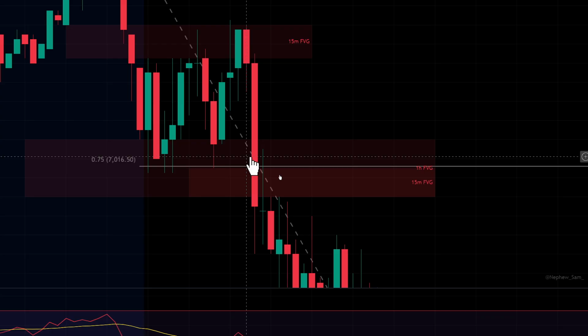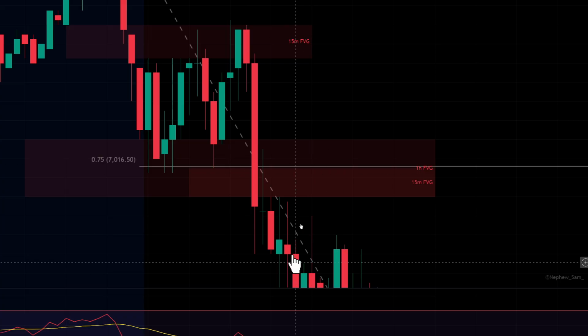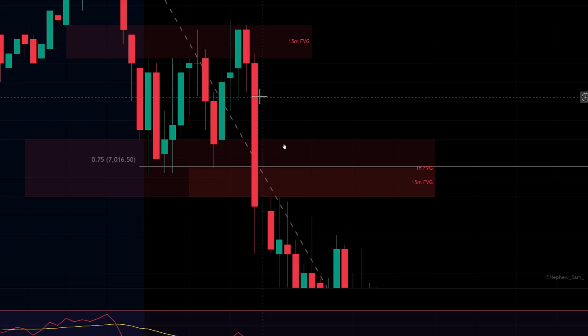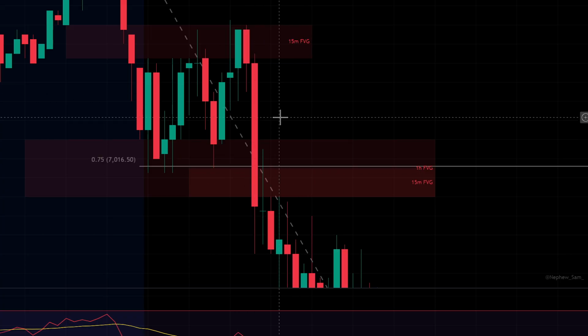Now the idea here is that they still may want to go short, but they don't want to pay the price down here to go short. They wanted somewhere in here to go short and didn't get that chance because the candle moved too fast and their limits didn't fill, right?